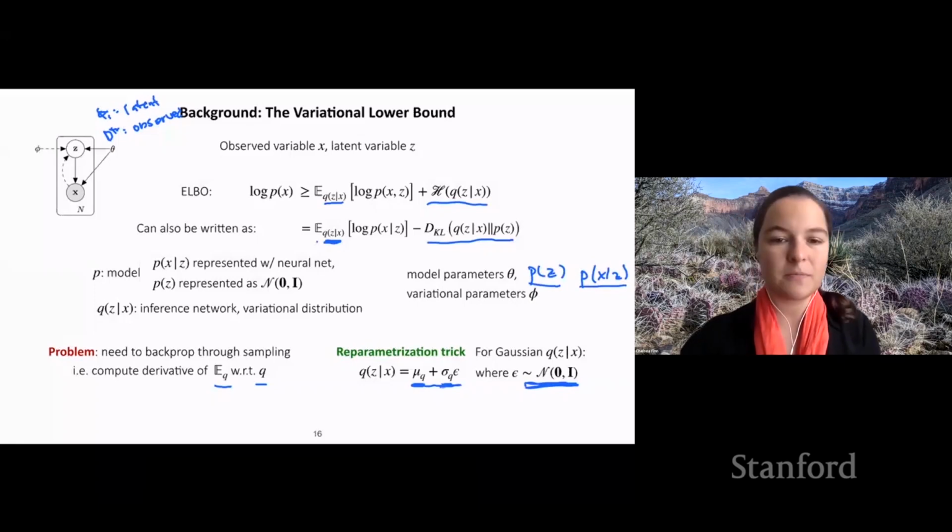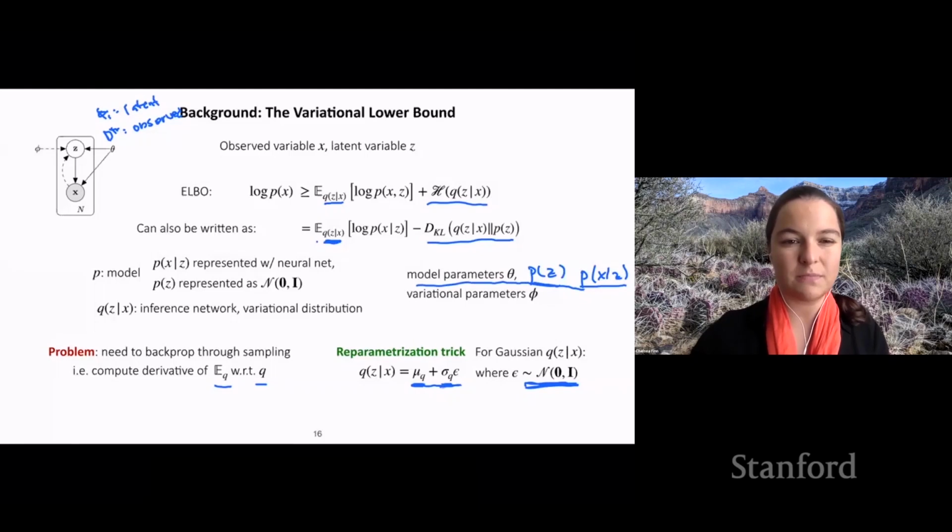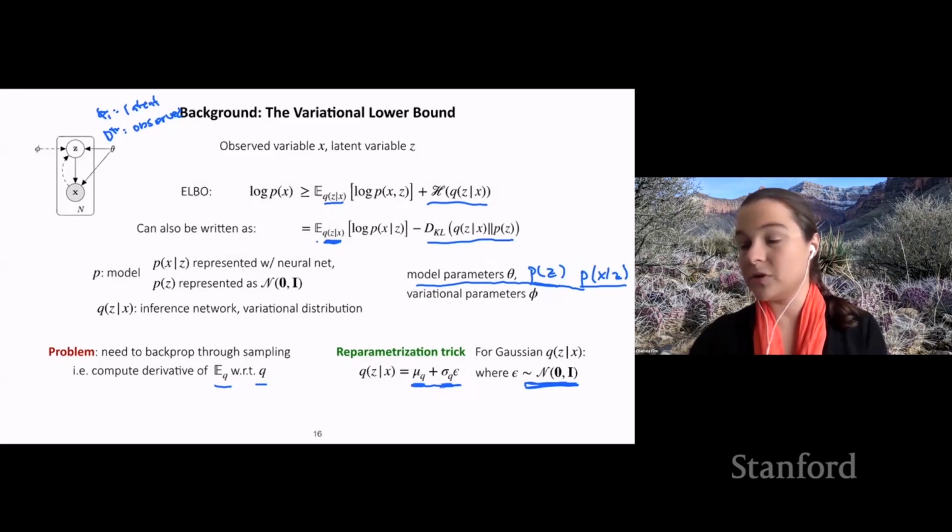When we want to sample from this model, we only use the parameters of our model. The variational parameters are what allow us to better compute this lower bound on our likelihood. They're used during training, but not at all during testing if you want to sample from this model. That's the mechanistic point of view, and also the conceptual point of view.